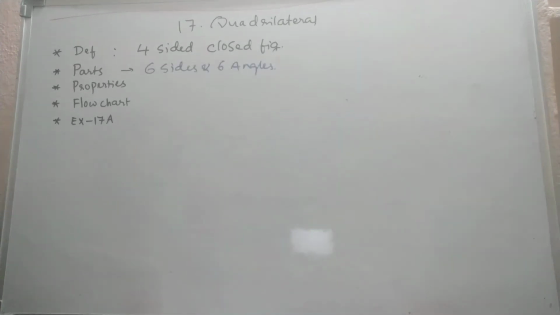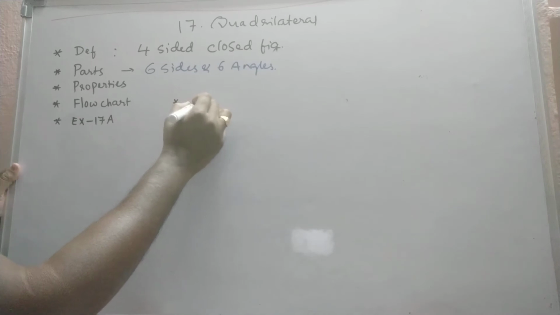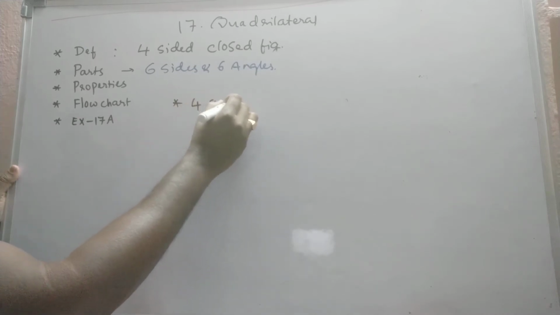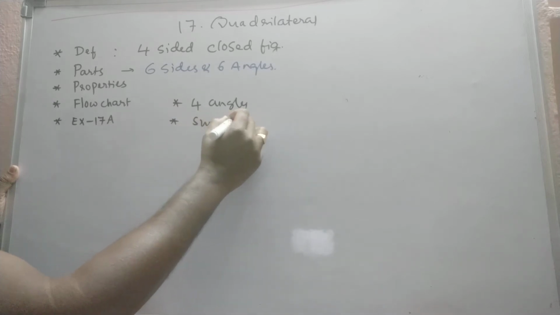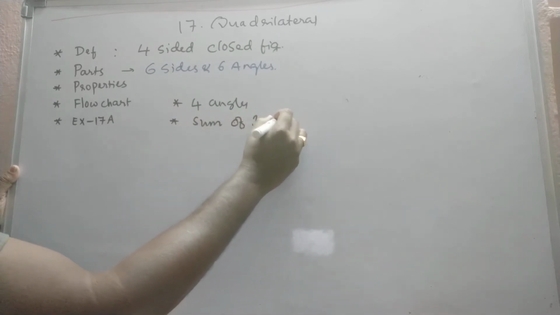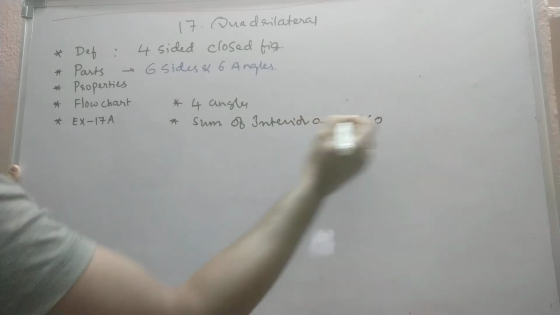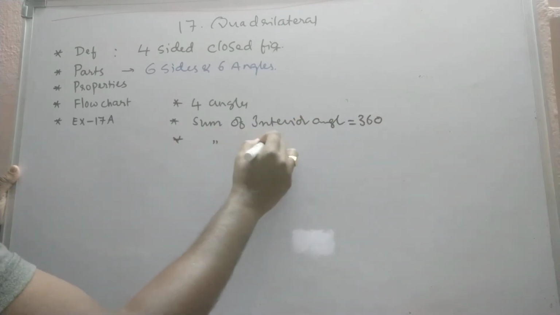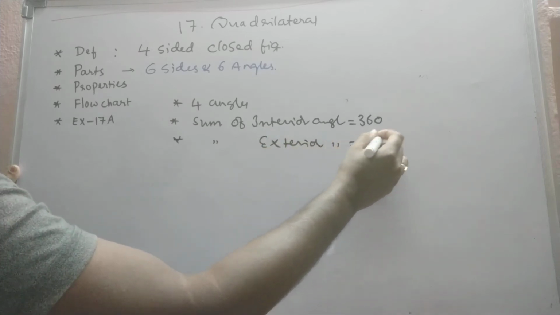Now we reach the third thing, properties of a quadrilateral. When you see properties, it has four angles, and the sum of angles is the main point. Sum of interior angles is equal to 360. Similarly, sum of exterior angles is also 360. Remember it: for any polygon, sum of exterior angles is 360.